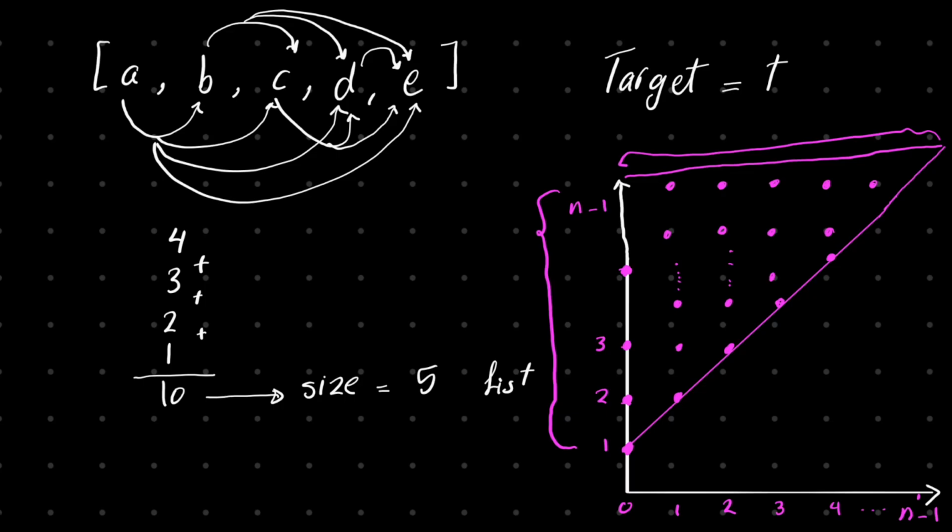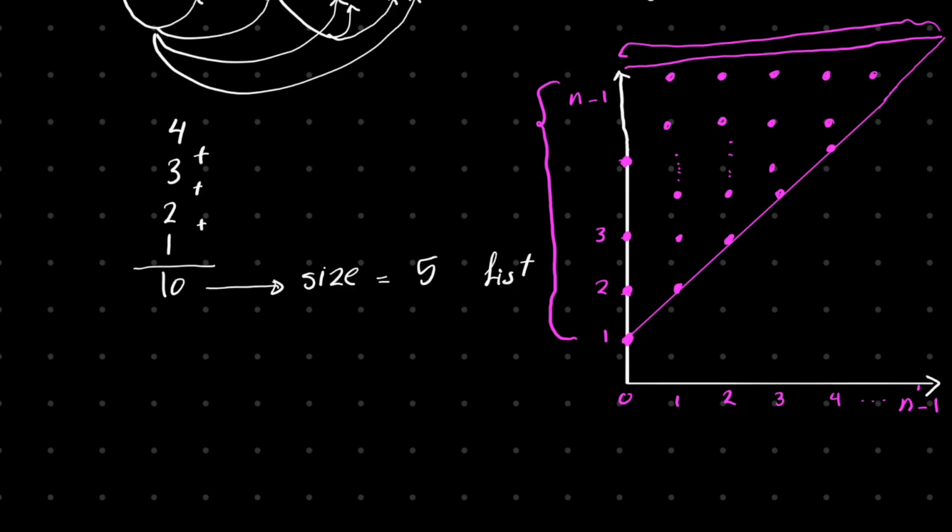So what is the area of a triangle? Do you guys remember? It's half the base times the height. Well, I have from 1 all the way to n minus 1. So that will give you n minus 1 dots. That's the base, multiplied by the height of the triangle, which is n.